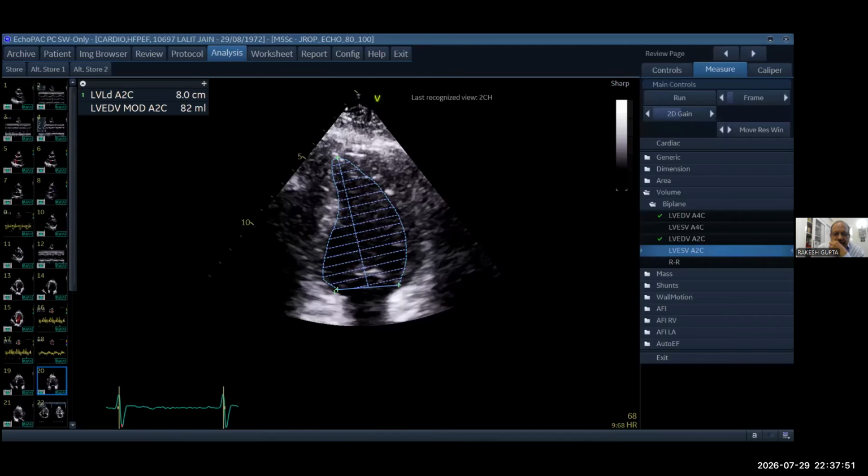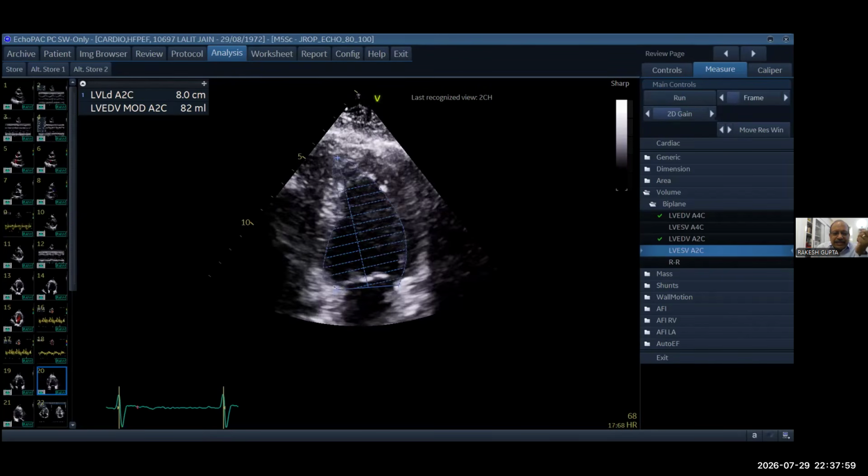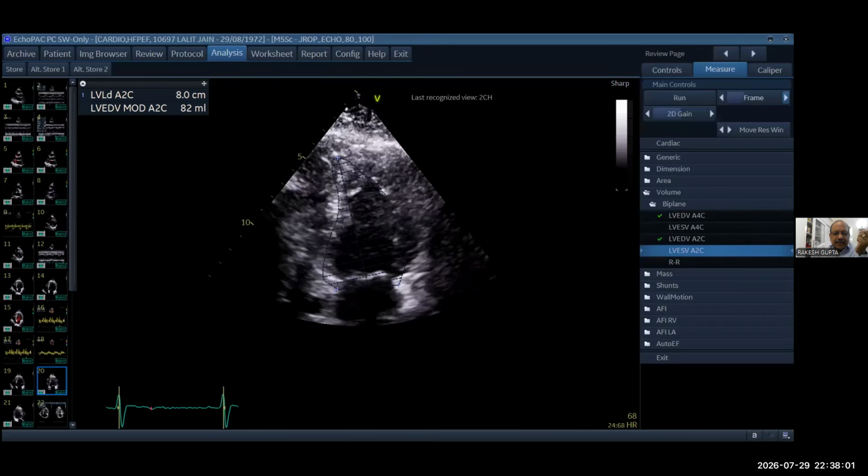Correct? We did something wrong out here. So let's move on further. We'll go back again. Now I'm going to end systole, the end of the T wave. So I'm going to measure again. Now my segment has moved from there to this particular point.